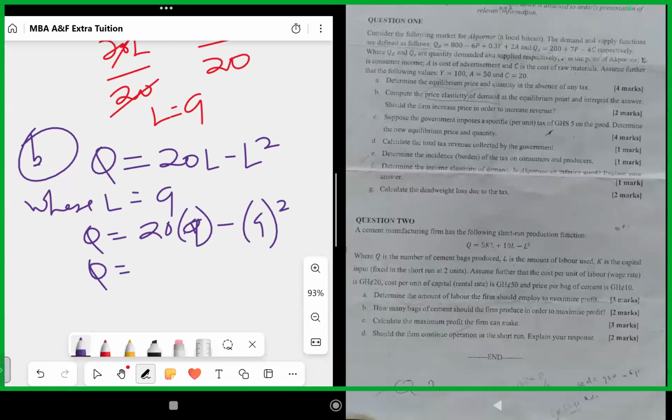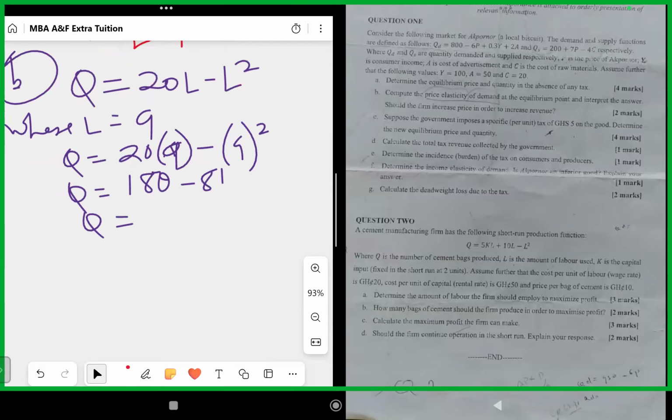So Q equals 20 times 9 is 180, then minus 81. So what is our Q? Is that correct? Yes. So it's bags. So 99 bags. Are we okay? Yes, please.